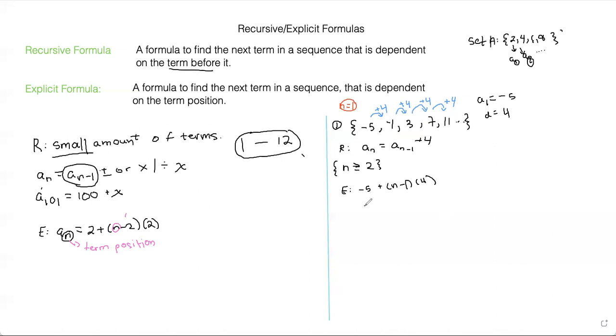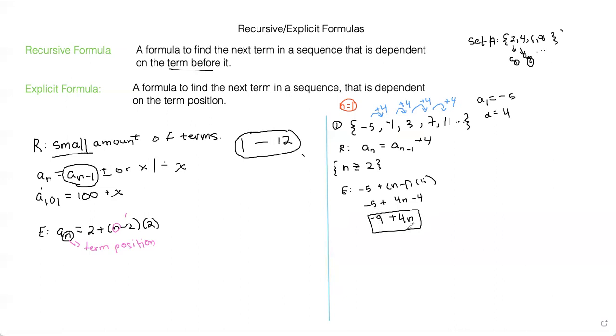And now we're just going to expand all of this, right? So -5 plus 4n minus 4, which is equal to -9 plus 4n, which is now our explicit formula, right?